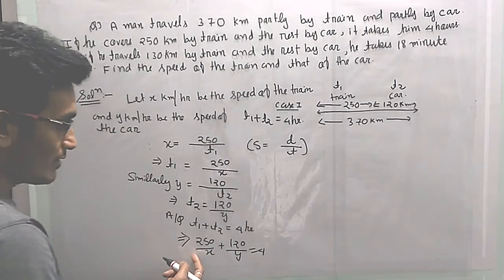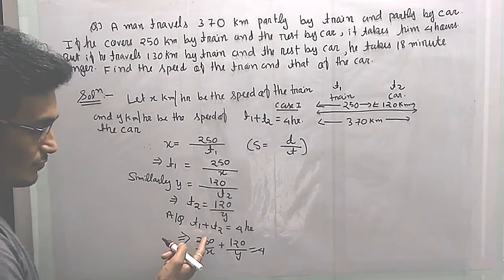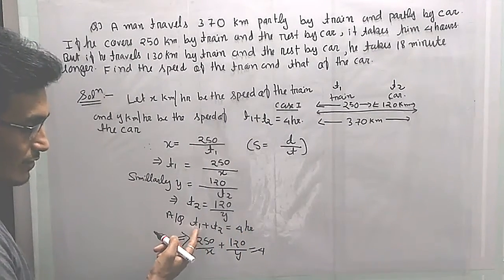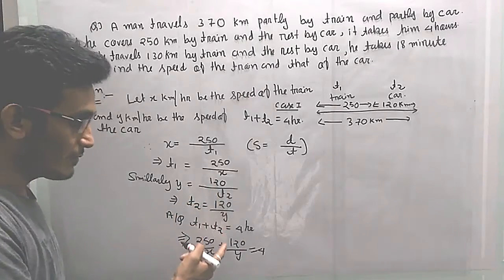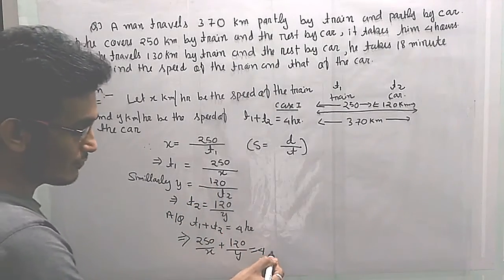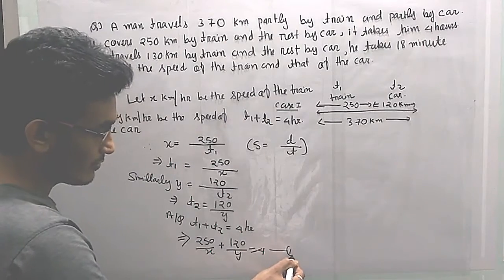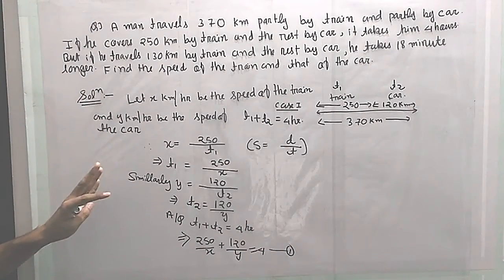So 250 by x plus 120 by y equals 4. So give it equation 1. So this is case 1.